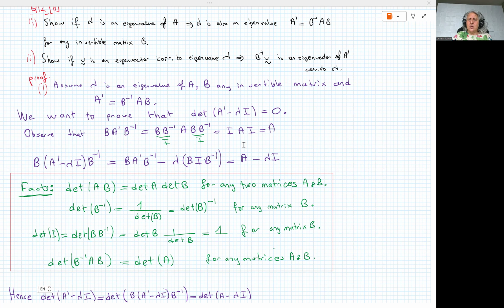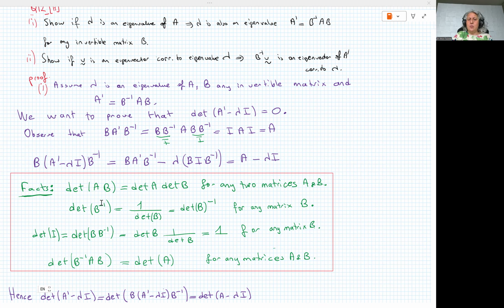Basically, if the determinant of this is equal to the determinant of that, then we have done. I will give you some facts here, which you know from your lectures. The determinant of A times B is the determinant of A times the determinant of B for any matrices A and B, so it is multiplicative, if we can multiply them.